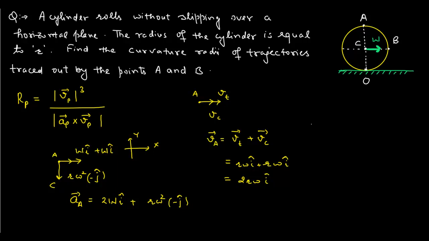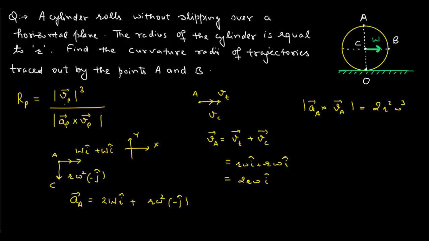Now if we substitute this VA and this acceleration of point A in this result for the radius of curvature, so A cross VA, we will get, so I cross I will be 0 and I cross J will be K and minus K, and as we are taking the modulus, we will get 2r square omega cube. Clear?